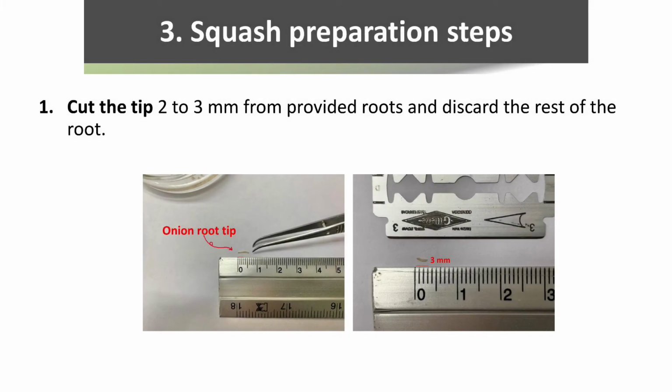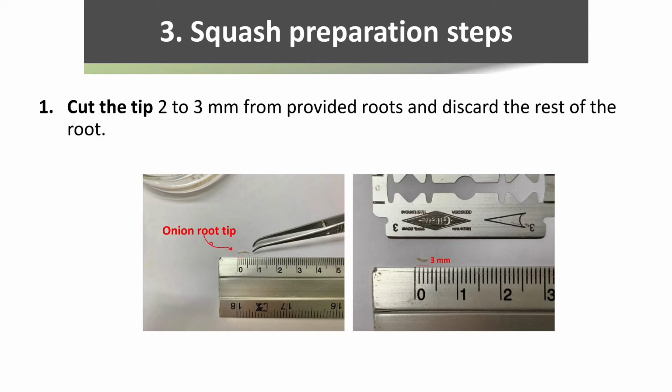First, from the onion root tips provided, you can select one using the tweezers to pick the selected sample from the petri dish. Use a sharp razor blade to cut the end of the root tip to a length of approximately 2 or 3 millimeters.